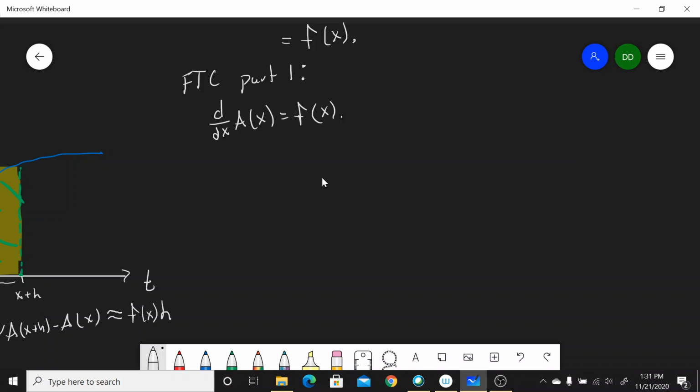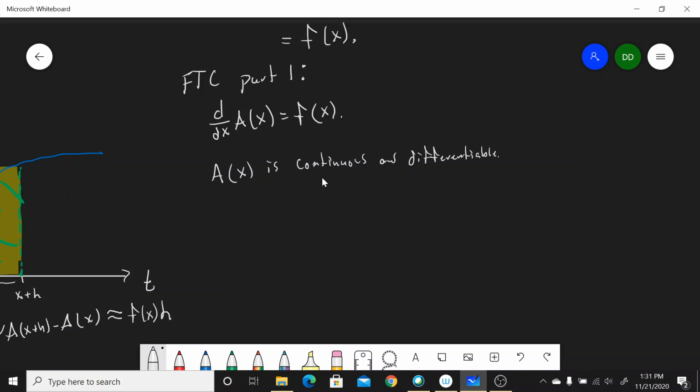Moreover, we can say a few more things here: that the area accumulation function, A of x, is continuous, just in general, and differentiable. If we were able to compute the derivative, it must be differentiable. A of x is continuous and differentiable, and this is its derivative.